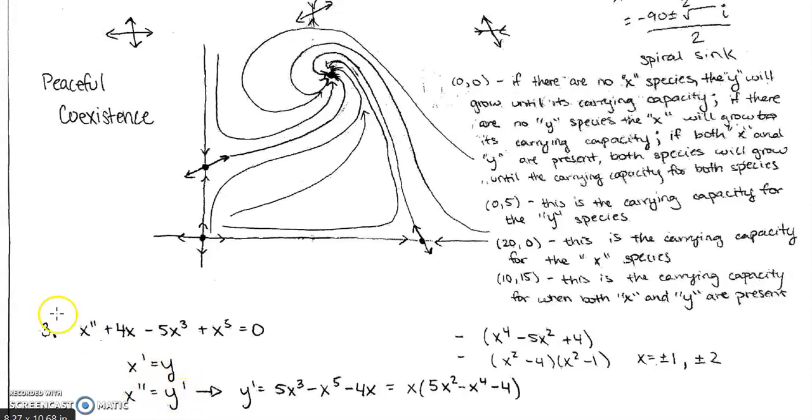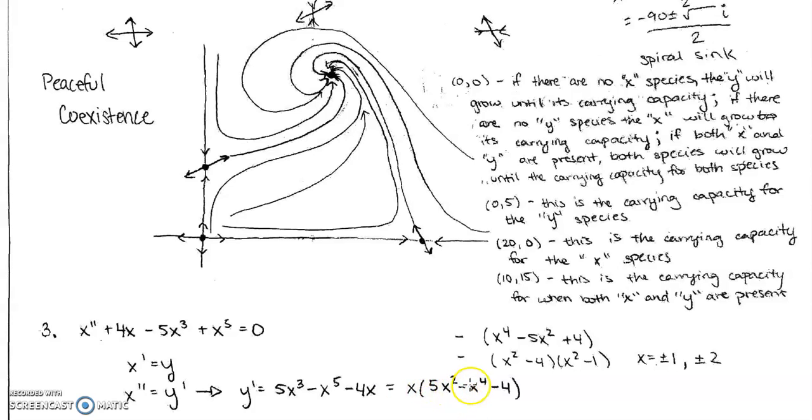The next equation is when I solve for y prime. So y prime is x double prime. So the first equation is this guy. The next one is going to be this, but then 1, 2, 3 all popped over to the other side. You can see that's what we have right here, right? This guy is positive because it got moved over, and then minus x to the fifth minus 4x.